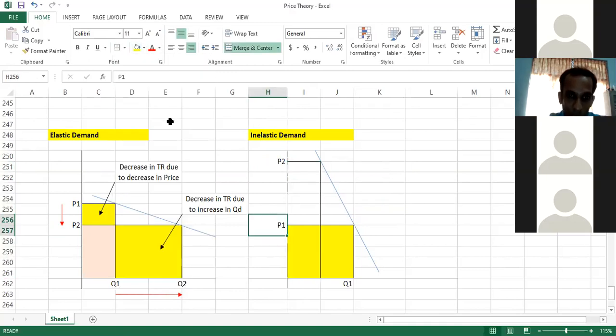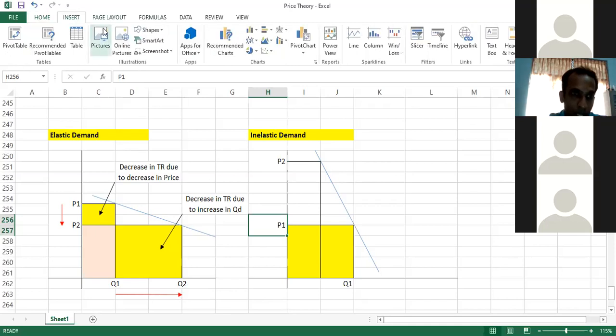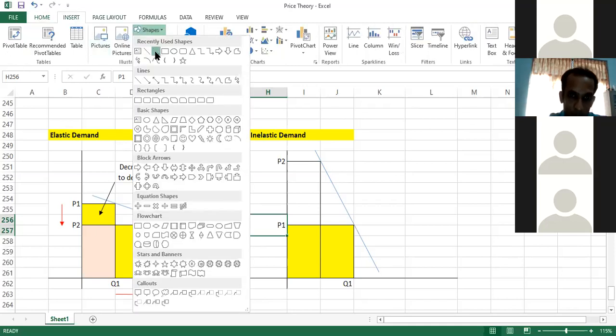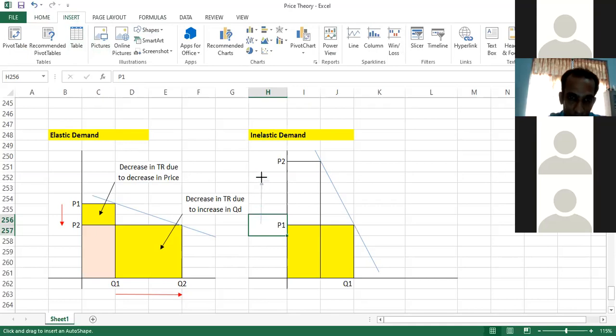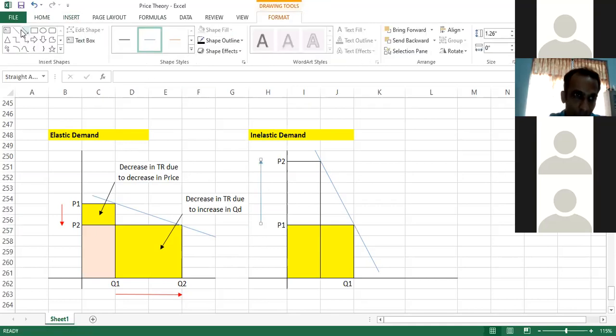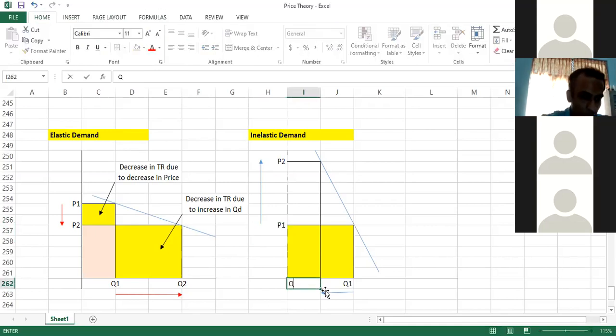So even if the price increased by a very high percentage, the quantity demanded decreased by only a smaller percentage. Due to that, the total revenue will increase.